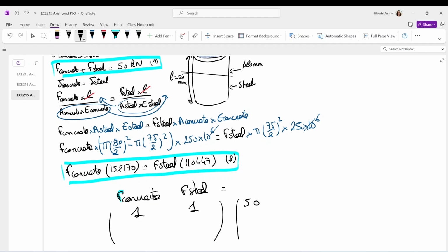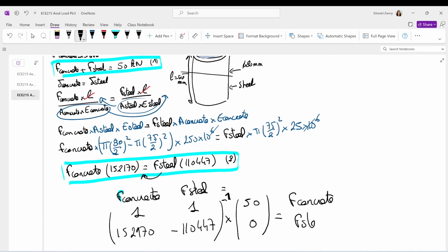The second one will be 152,170, and don't forget that I moved that to the left side of the equal sign, so after that I have minus 110,447, and this is equal to 0. I will do the inverse of the first matrix times the second matrix, and I will find the force in the concrete and the force in the steel.